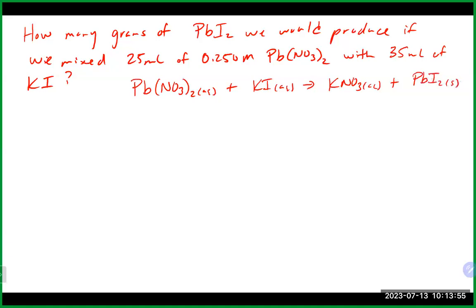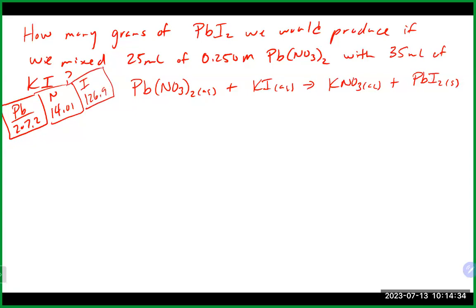All right, so I'm going to let you try it now to see what you come up with. Follow the same stoichiometry steps. Again, the difference here may just be molarity and volume. I'm going to give you some numbers here that would probably be helpful. Lead is 207.2, nitrogen 14.01, iodine 126.9.